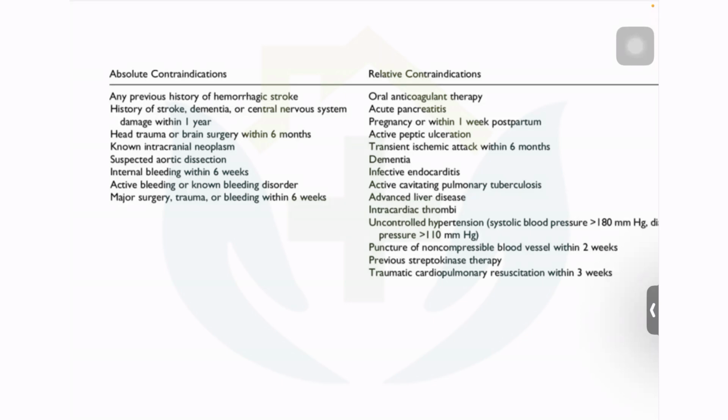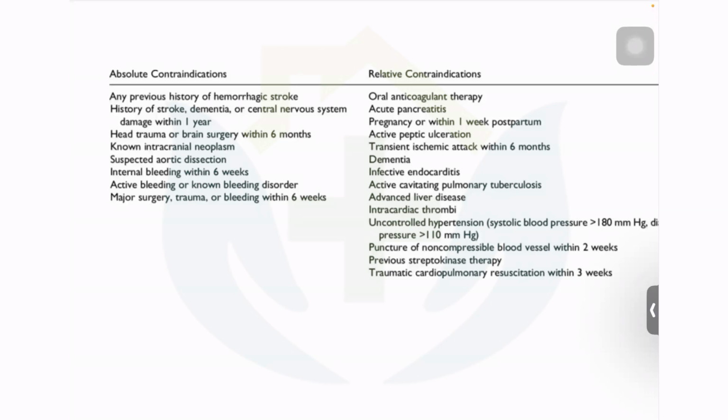So absolute contraindications to thrombolysis are, number one, any previous history of hemorrhagic stroke. It is an absolute contraindication if somebody ever had an intracranial hemorrhage. History of stroke, dementia. When I appeared in the exam way back in 2016, the question that came was pregnancy.